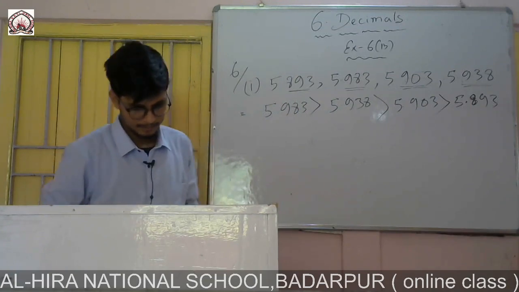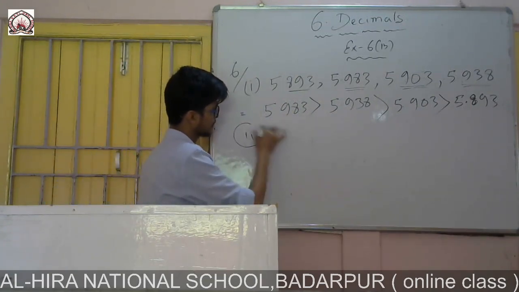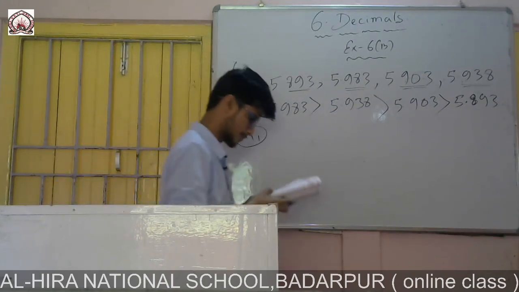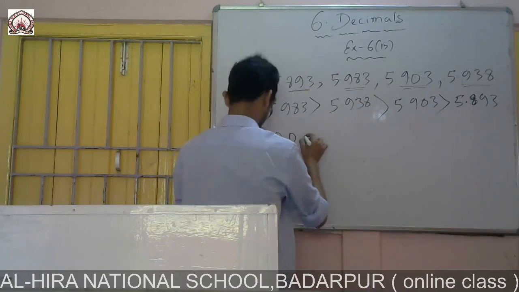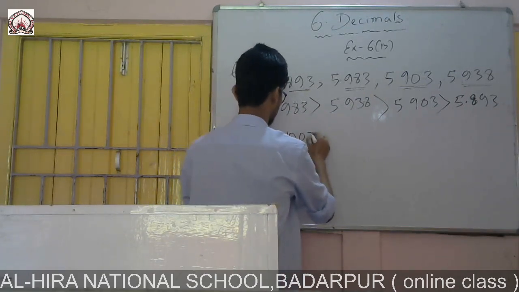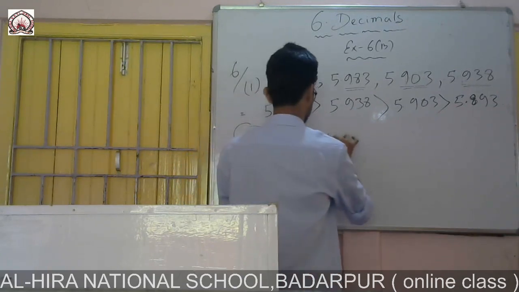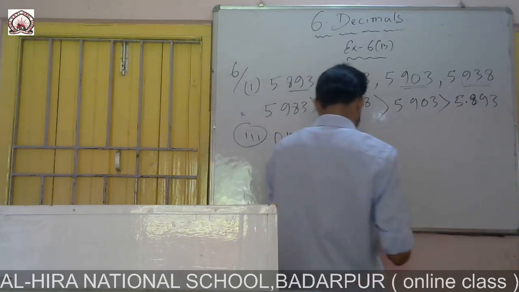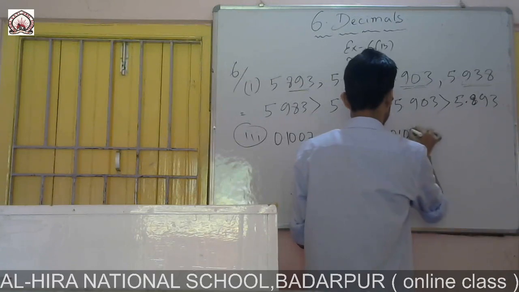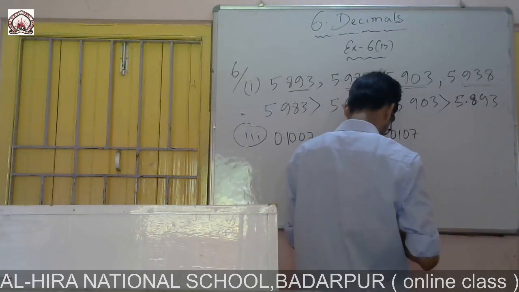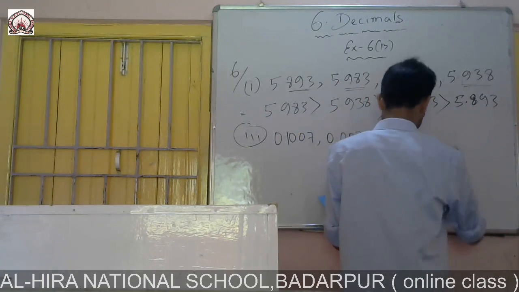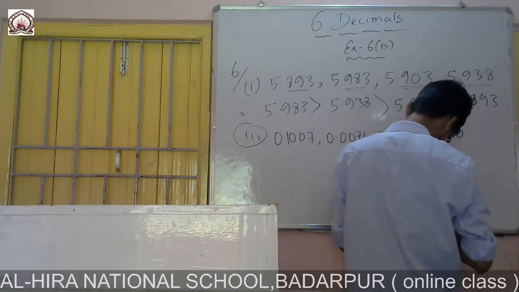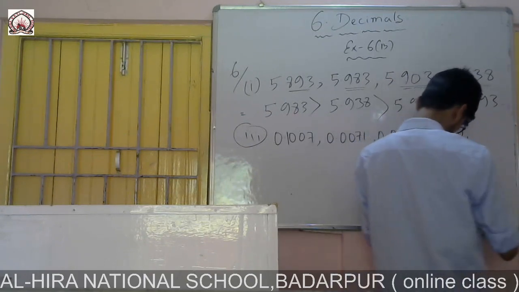Okay, now you see Roman number 3, let me take the book. It is given 0.1007, then 0.0071, then 0.0107, then 0.0710, and at last it is 0.0171.